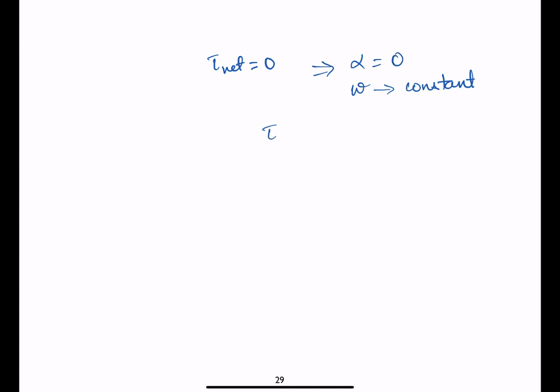So the net torque equals 0 means torque clockwise equals torque counterclockwise. As per your book, counterclockwise torque is positive and clockwise torque is negative, like you did for forces.